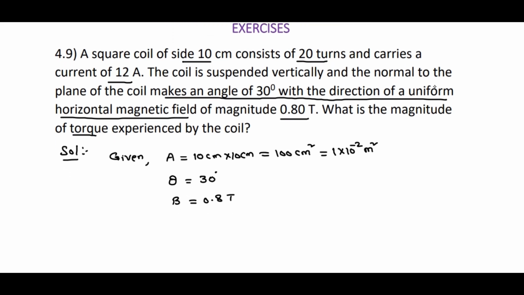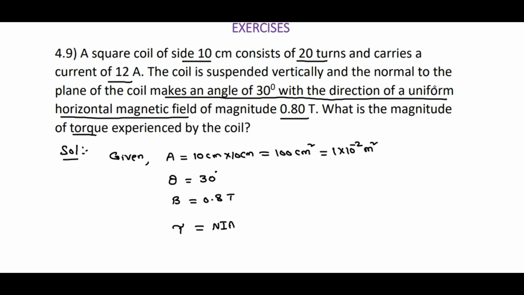Then the magnitude of the torque, it will experience a torque. So the torque tau is equal to N I A B sin theta. So that is equal to number of turns 20, I value we have 12 ampere, A value 1 into 10 power minus 2, and B 0.8 into sine of 30 degrees.